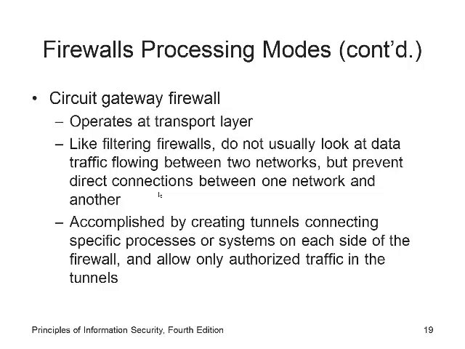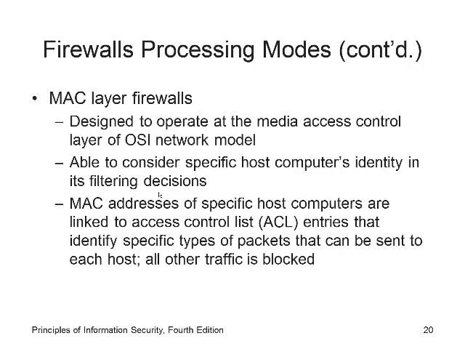So maybe we have two mail servers on different networks talking to each other. Or maybe we have a web server connecting to an internal database server. Okay? We have a tunnel between the web server and the database server, and the only type of traffic that can go through there is database traffic, nothing else. So maybe logging into a website and it has to authenticate you or something. So the rest of that doesn't happen. Okay, it won't let anything else through. It only lets what's supposed to go through there.